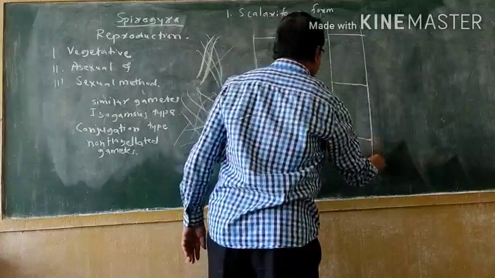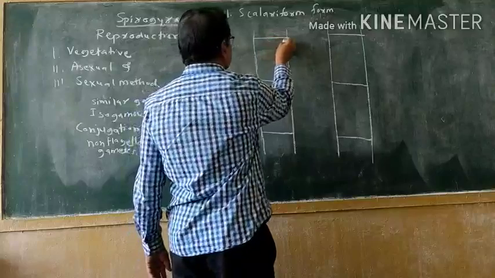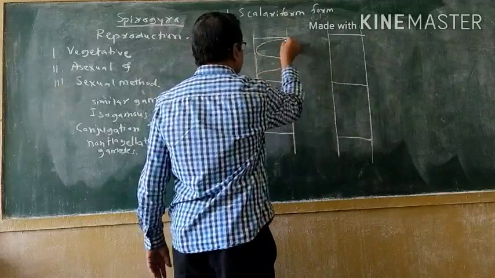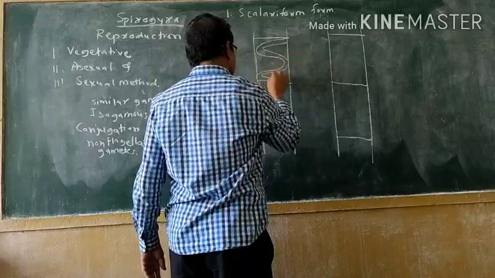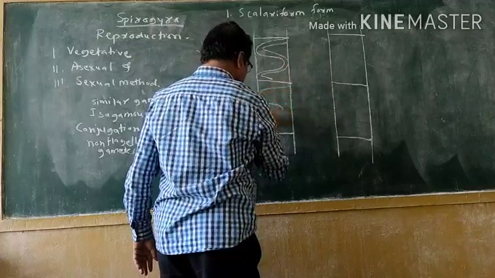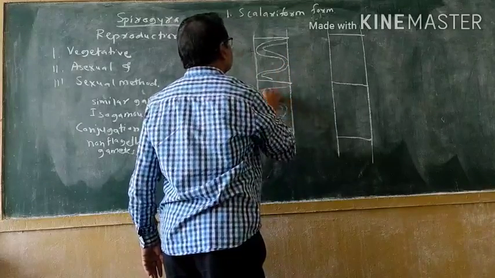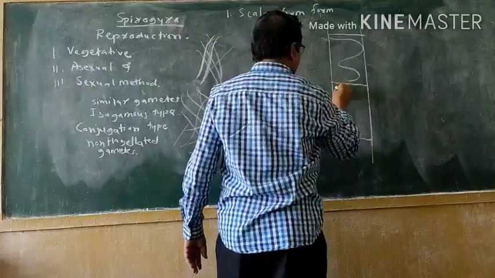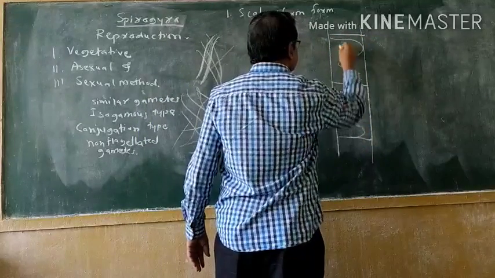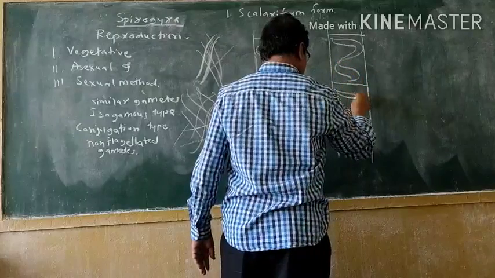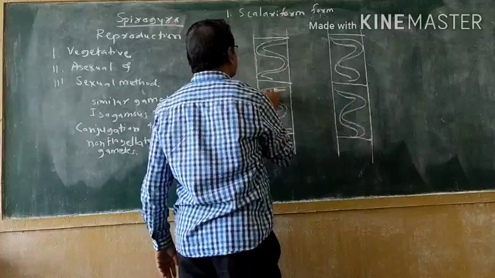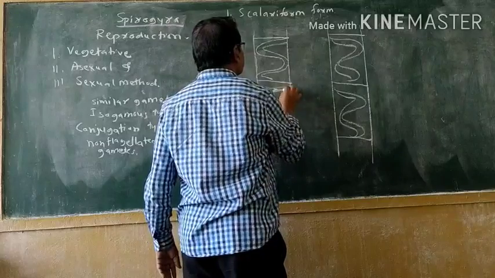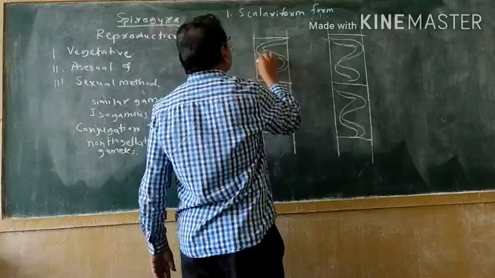The filaments consist of chloroplasts. Each and every filament's cell structure is similar and takes part in the reproduction. The filaments have pyrenoids, ribbon-shaped chloroplast, dense nucleus, dense cytoplasm.